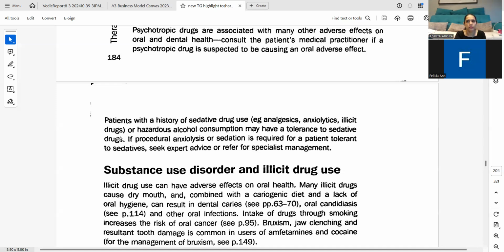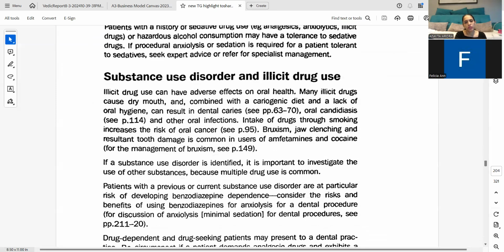So at a low level of prescribed sedative drugs, they will not work in them. They have developed tolerance to some basic level of drugs. So if procedural anxiolysis or sedation is required for a patient tolerant to sedatives, we need to seek expert advice or refer to a specialist for management.